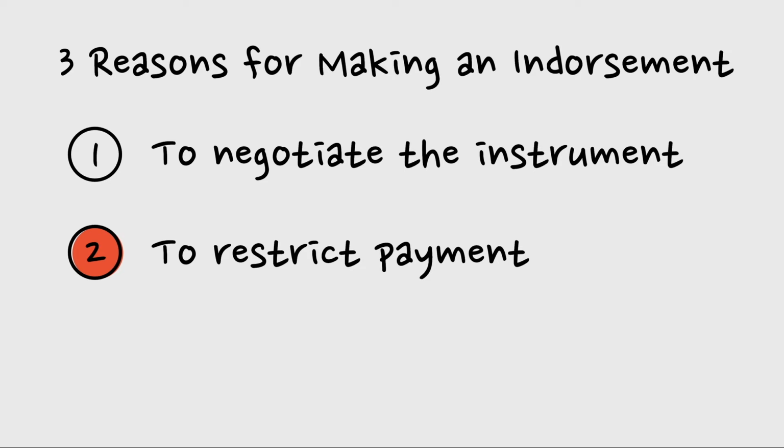The bank has the ability to itself go in and write a restriction on it, right? It could say for deposit only, for payment only to our bank, or pay to only us, right? To this bank.